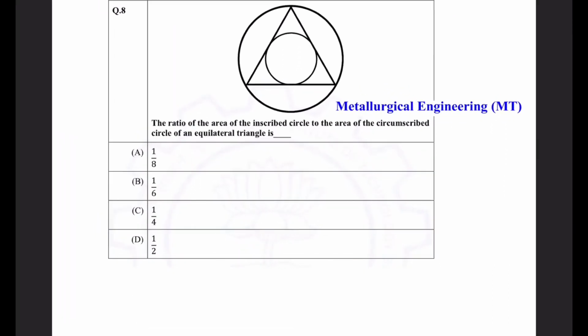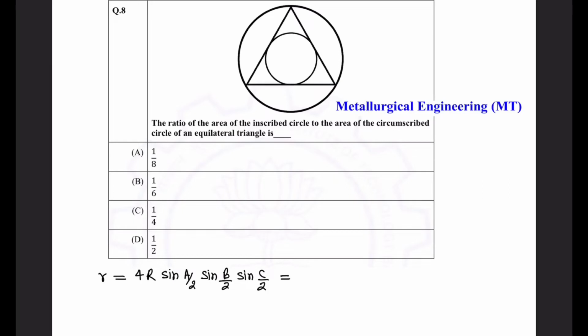Again we have a question from geometry. What you have to do is find the ratio of the area of the inscribed circle to the area of the circumscribed circle. You must be aware that r in terms of capital R is 4R sin(A/2) sin(B/2) sin(C/2).